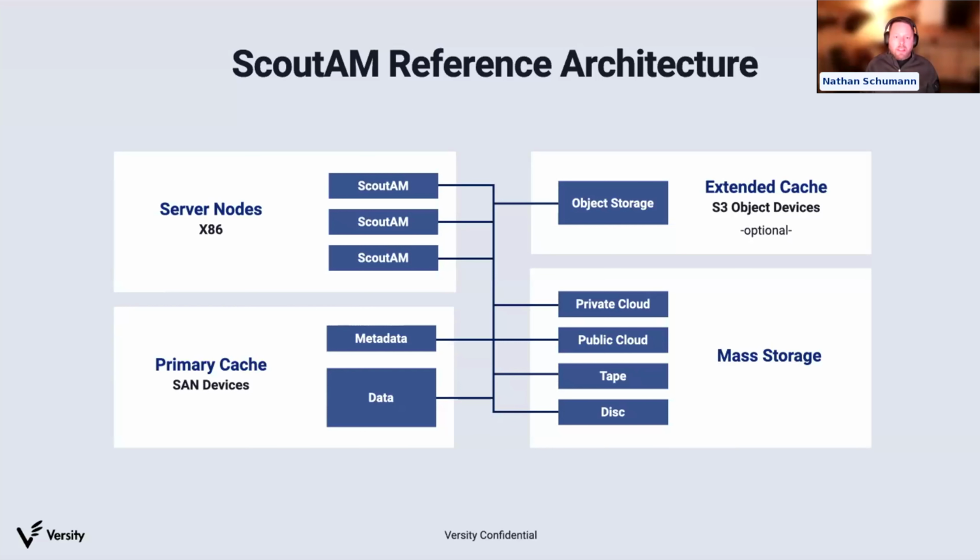The way that I typically think about sizing this piece is really how much data do I want to hold online, like how many days' worth of data do I want to hold in a fast access tier, rather than going to, say, tape. Or even if I was doing something like only archiving to public cloud, I might want to have an extended cache so that I can store recently stored data in the archive without having to reach back into that cloud storage provider and potentially get egress fees if I want to pull that data back.